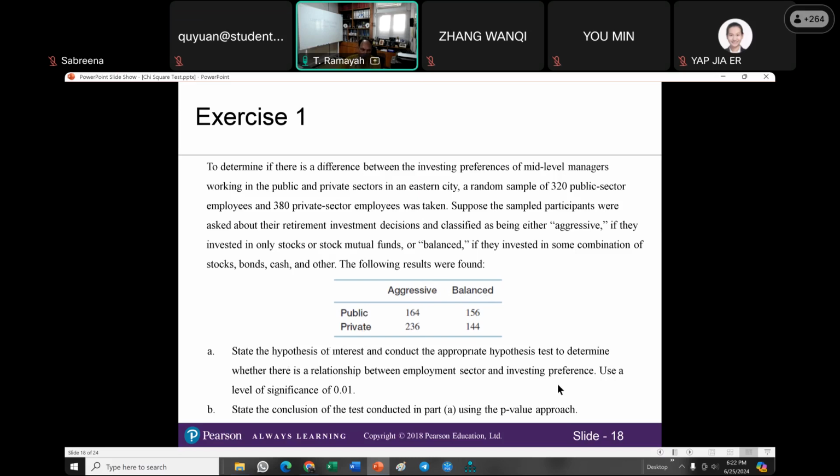So part A is you need to write the hypothesis first and then calculate. Just look at number A. Can you write your null hypothesis and the alternate hypothesis, and then calculate the expected frequency?